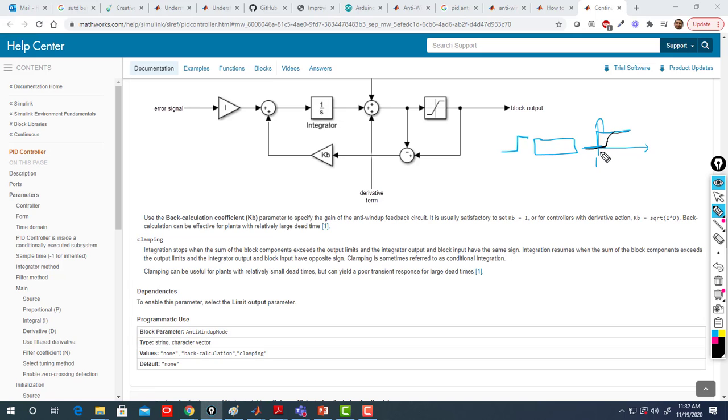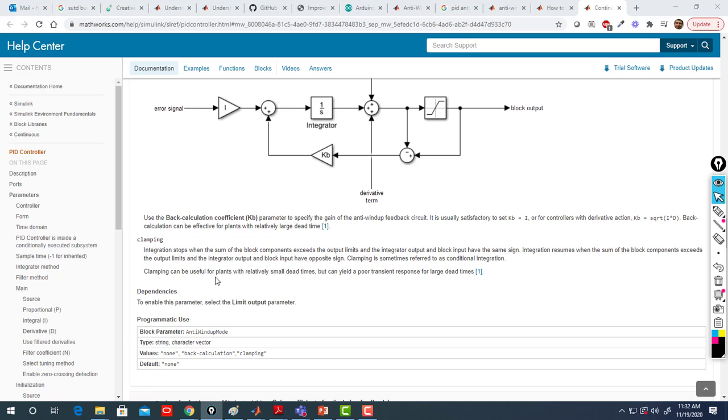This delay we call dead time. Some plants have this delay, and in reality many plants do. So it is effective for plants with relatively large dead time.